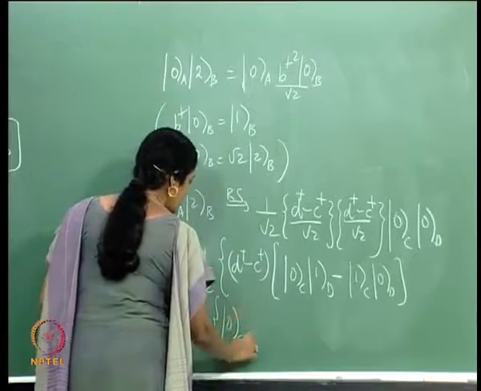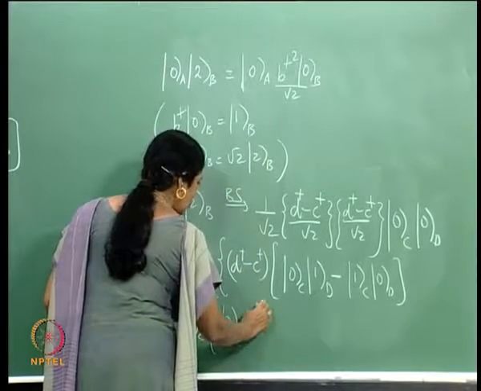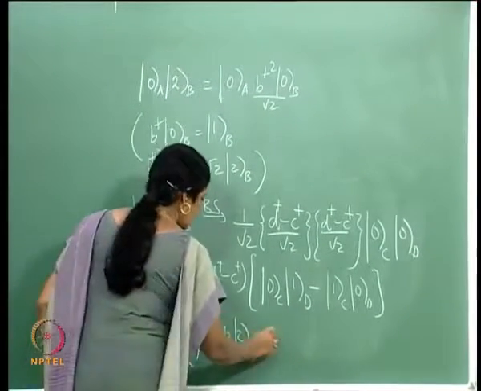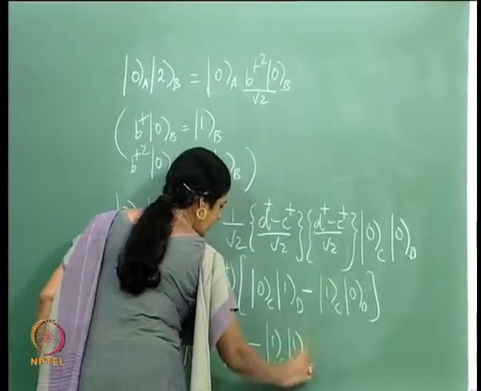The first term gives me 0C, D dagger on 1D gives me root 2 2D, C dagger on 0C gives me 1C and leaves the 1D alone.